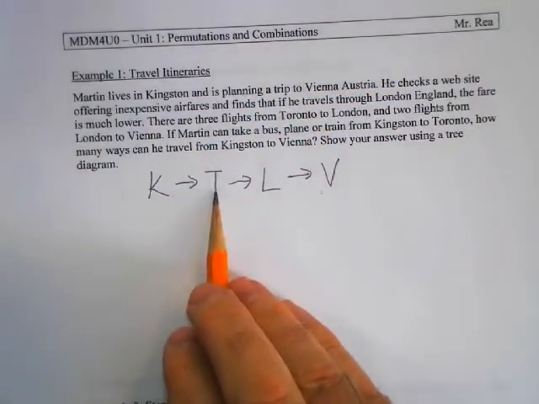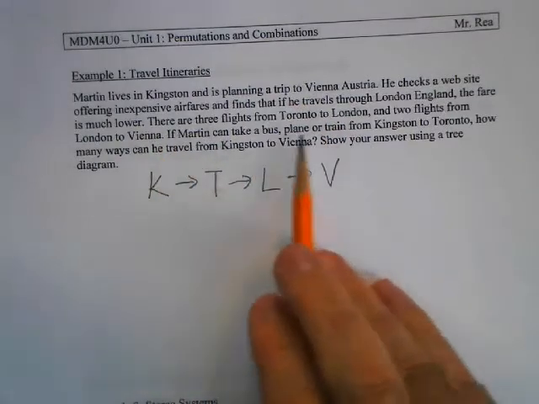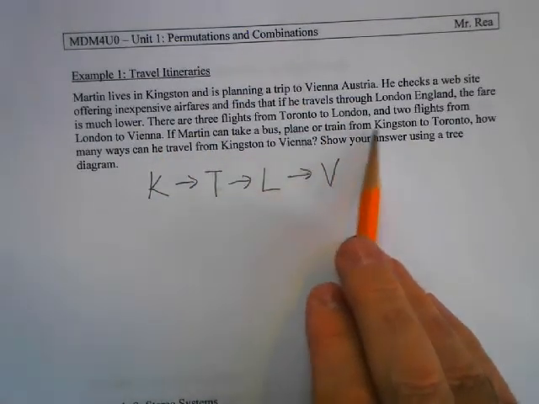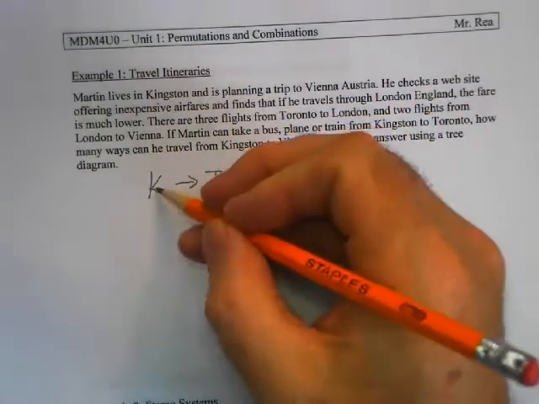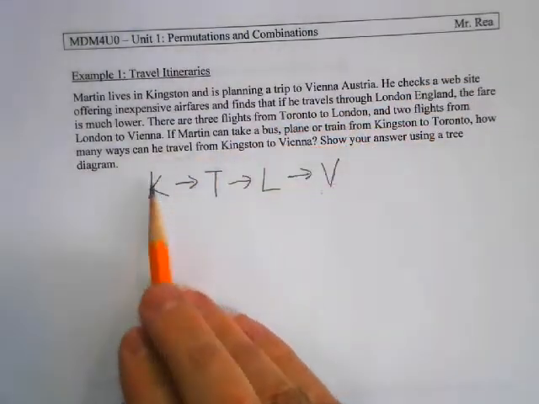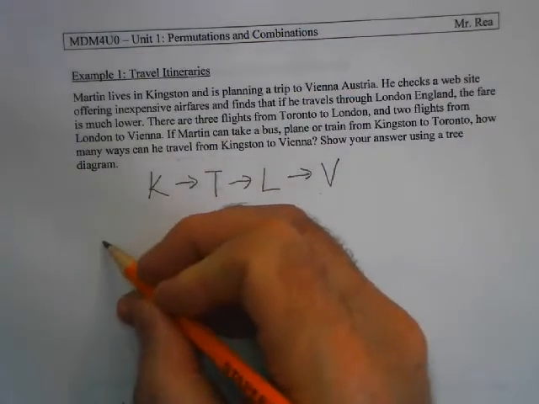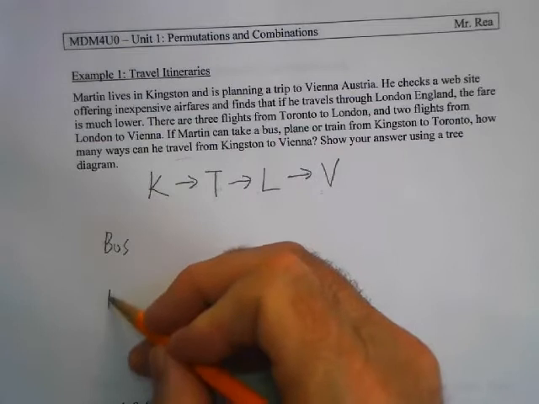To go from Kingston to Toronto, Martin can take a bus, plane, or train. So we're going to start off with this branch of the travel: Kingston to Toronto, he can do a bus, a plane, or a train.